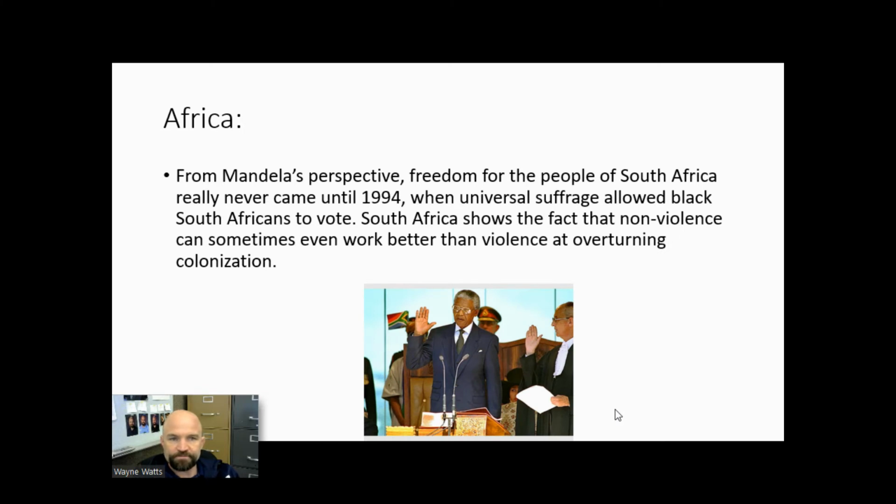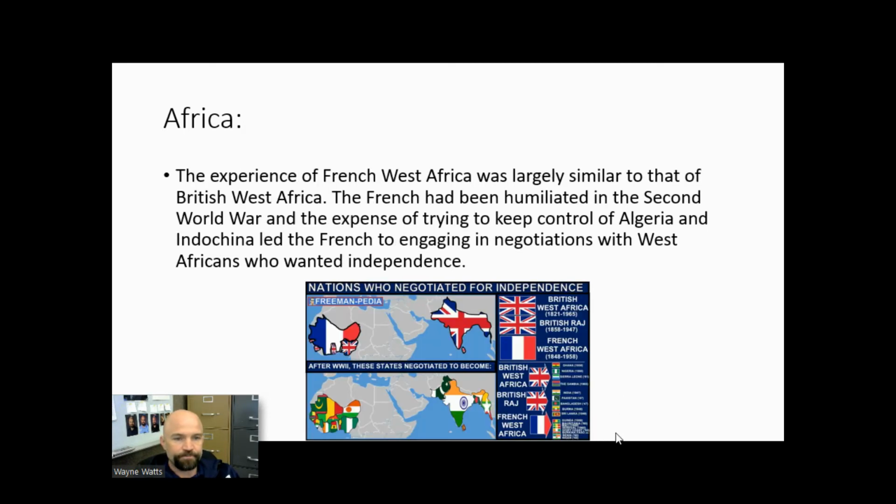From Mandela's perspective, freedom for the people of South Africa really never came until 1994, when universal suffrage allowed black South Africans to vote. South Africa shows the fact that nonviolence can sometimes even work better than violence at overturning colonization.